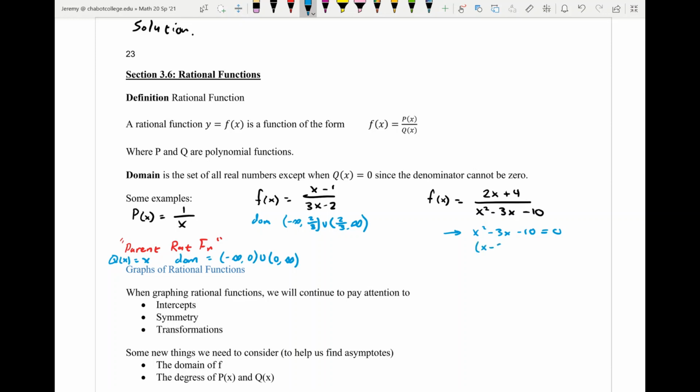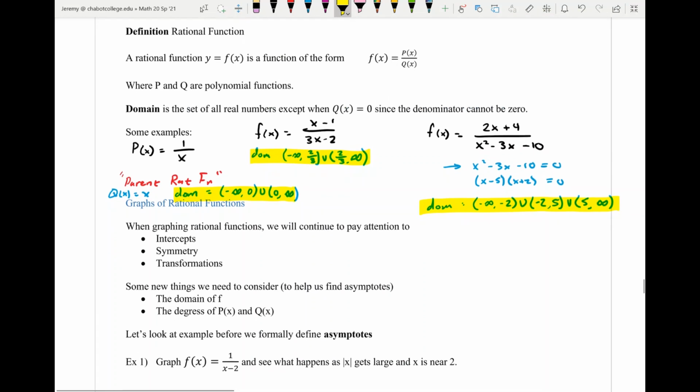This factors to x minus 5 times x plus 2. And we get these two zeros, x equals 5, x equals negative 2. So the domain of this rational function is going to be negative infinity up to negative 2, union negative 2 to positive 5, union positive 5 to positive infinity. So there's just a few examples and their domains.